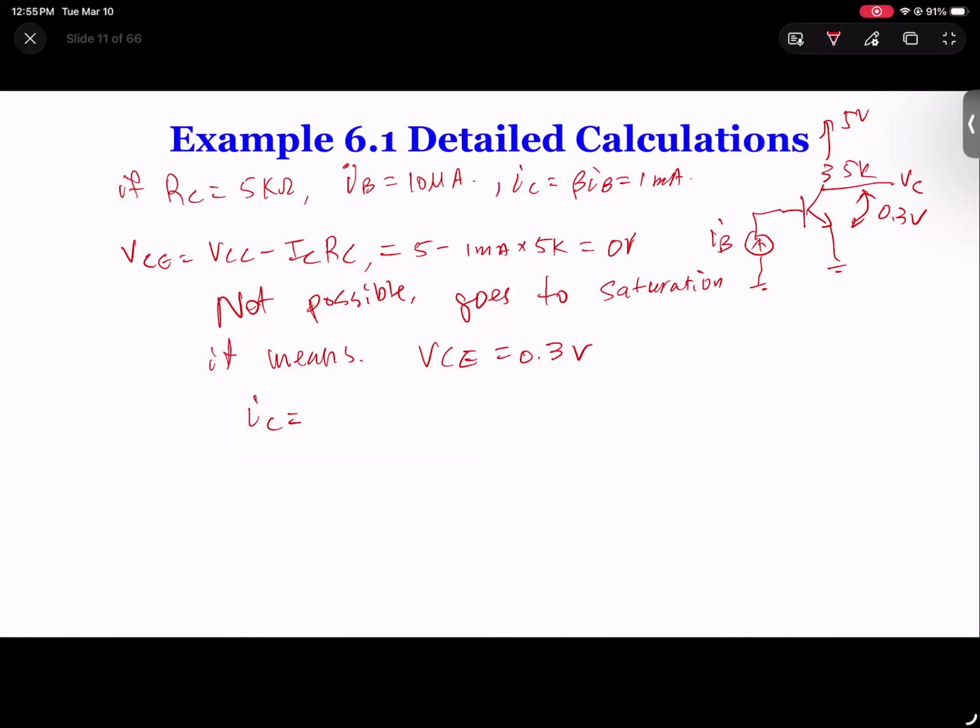So IC is going to be 5 minus 0.3, the top voltage minus the bottom voltage, divided by the resistance. And this gives you 4.7 divided by 5. That gives you almost 0.94 milliamps.